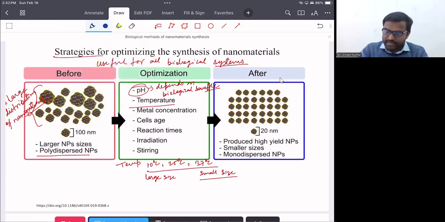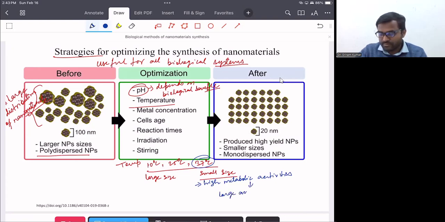Why is that? What is happening at the high temperature? There is high metabolic activity, and because of that metabolic activity you have a large amount of enzyme. Because of that large amount of enzyme, there is a fast nucleation process.